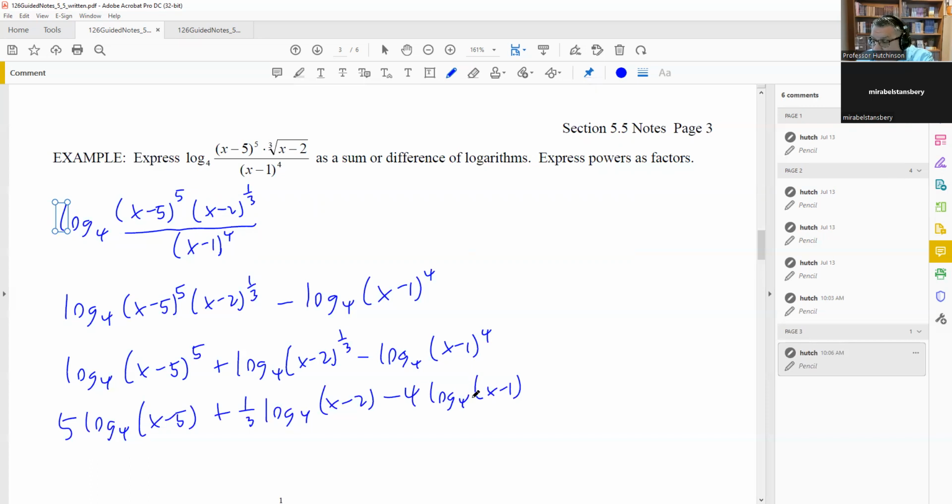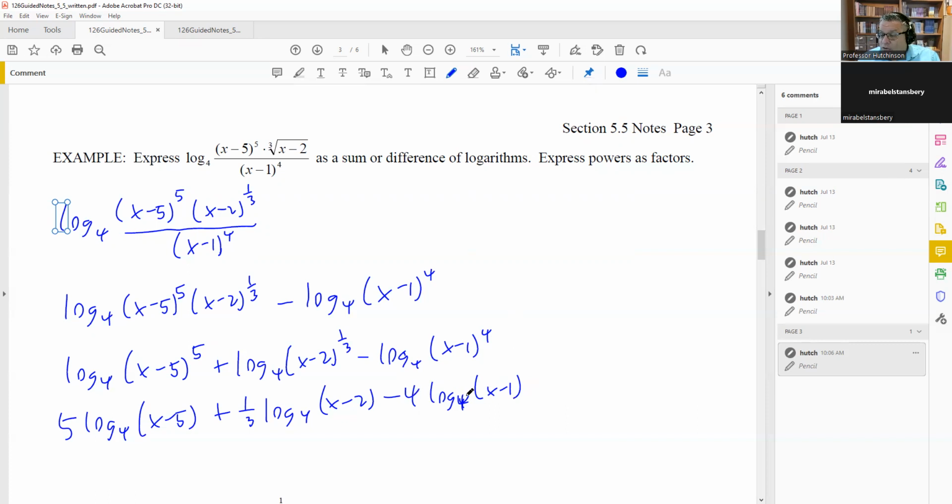Now, some questions that I usually get on this one is the 4 and the 4 there. Some students will say, well, these match, so won't that turn into a 1? So that's all going to go away, and I'll just be left with x minus 1. That's a common mistake that I usually see people make on the test, okay?